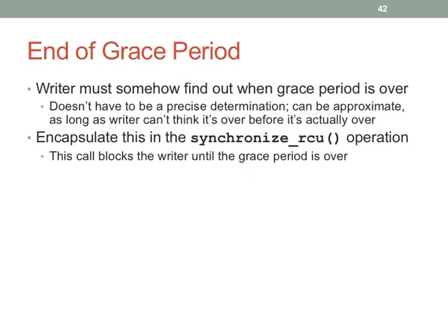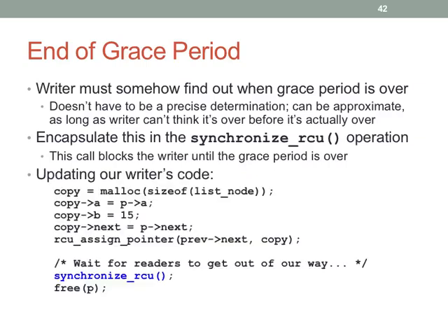It'll give up the CPU briefly until the grace period has ended, and then the writer will get back, and it'll know that afterward it can go ahead and free. Okay? So this is basically all we've had to do for the writer. So this waits the grace period, and then we free.